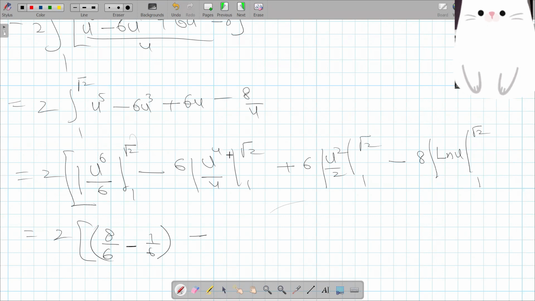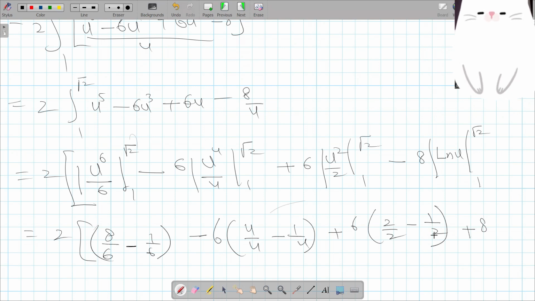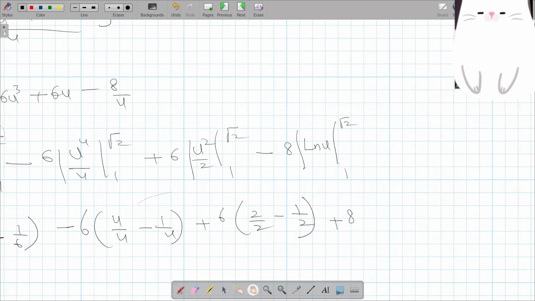What about u power 4? If we put square root 2, it is 4 over 4 minus 1 over 4. Plus 6 times square root 2 squared over 2 minus 1 over 2. Plus 8 times log root 2 minus log 1.